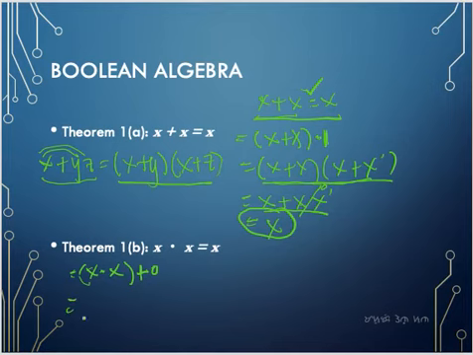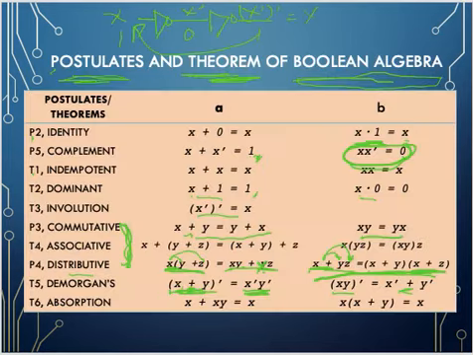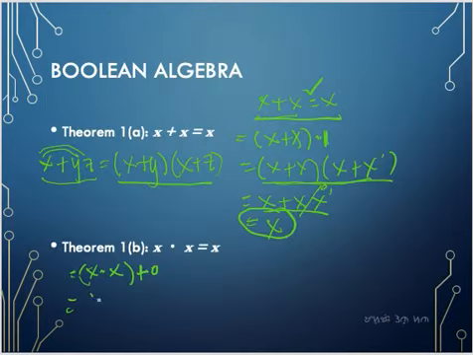Pero yung 0 na yan, ang dami niya kasing pwedeng maging value. So, pwede siyang x prime. So, pwede kong sabihin na x or x prime.